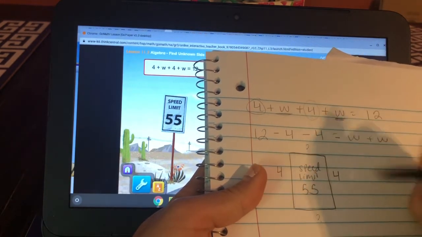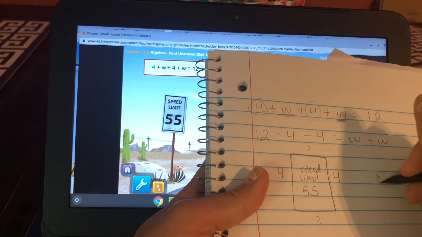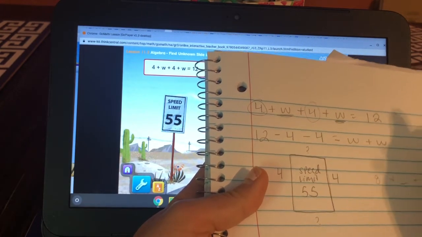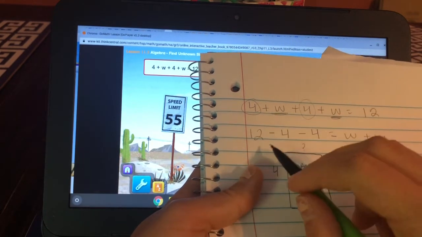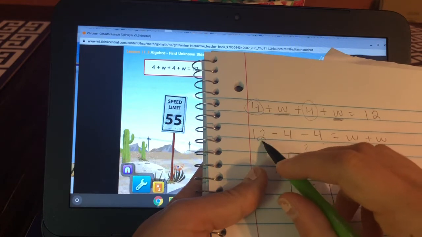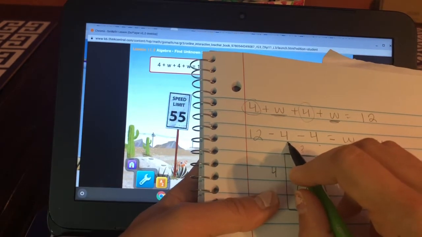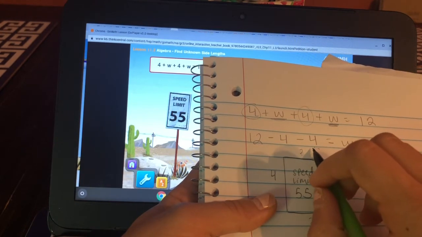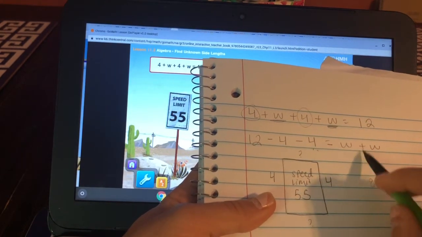So 4 plus 4 is 8. 8 plus blank equals 12. And these have to be the same. So if I look here, 12 minus 4 is 8. 8 minus 4 is 4. So I'm solving for these two.